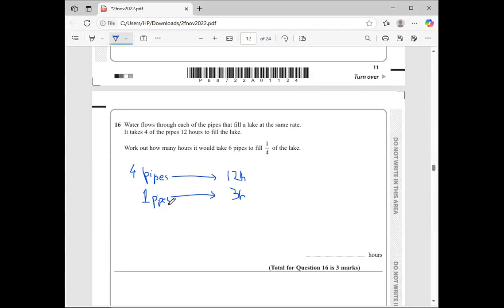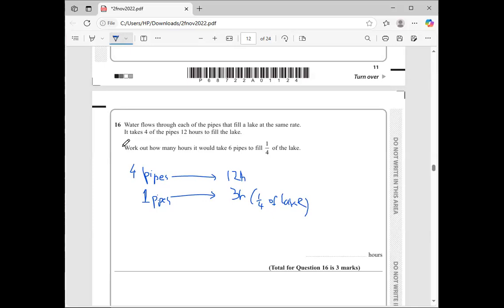Yes. All right, sorry for that short break. So I've established that 1 pipe is going to need 3 hours to fill a quarter, 1/4 of the lake. All right, so let me just put that there.